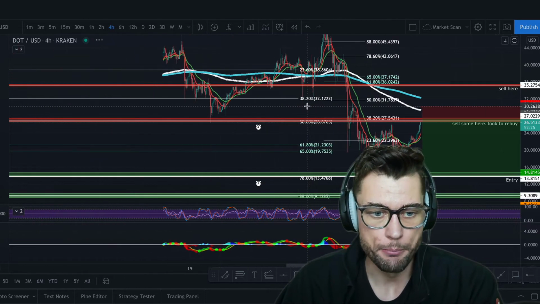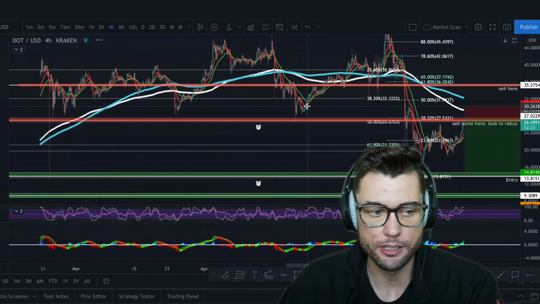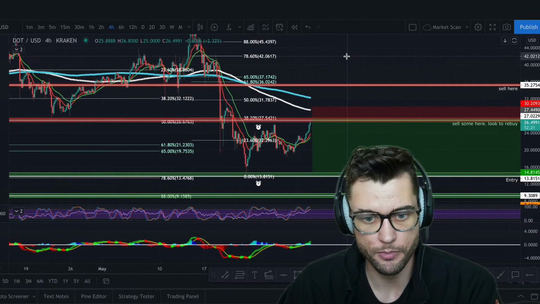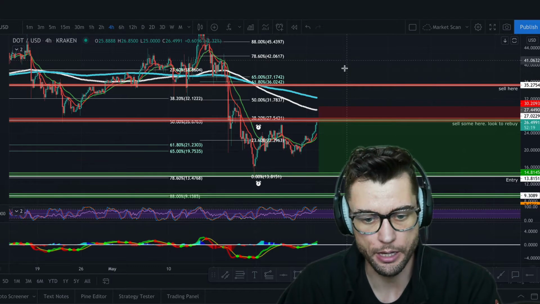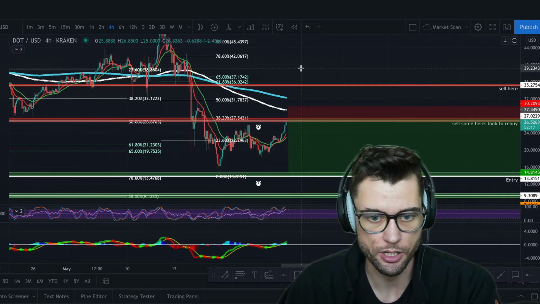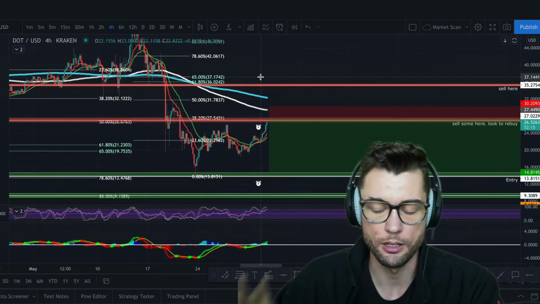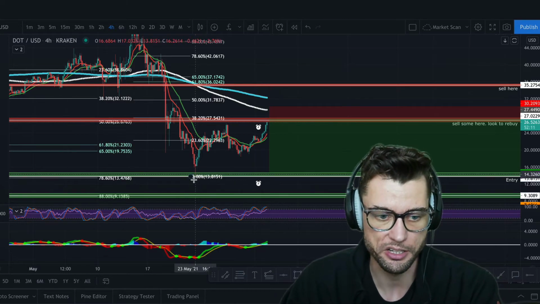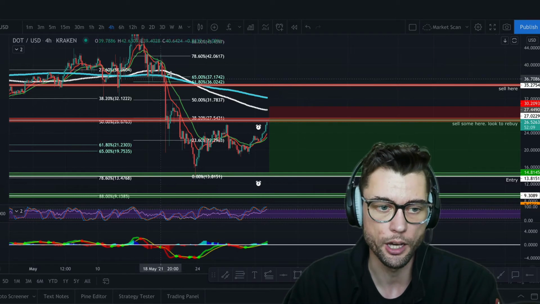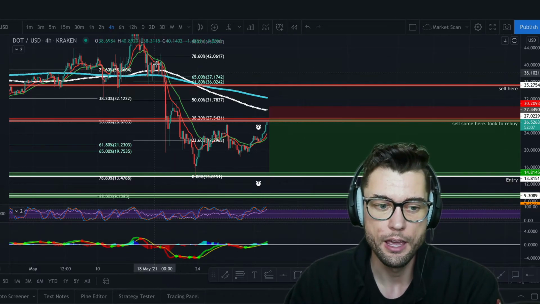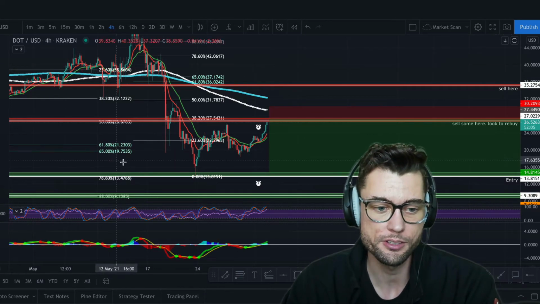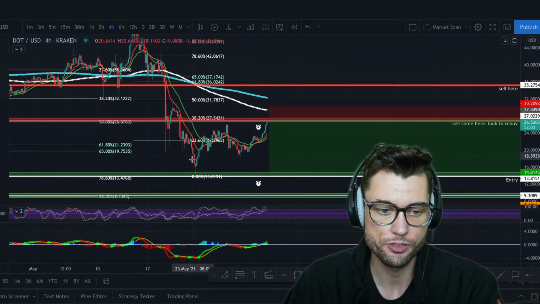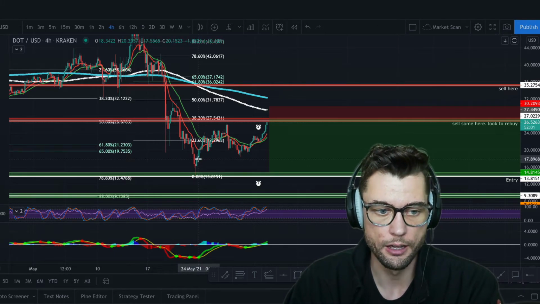I'm hoping that this is all just a big bull trap, and then everyone's going to get really bullish, and then everyone's going to jump in, and the whales that loaded up down here, because the whales sold it up here, and then they probably had their buy orders down here.